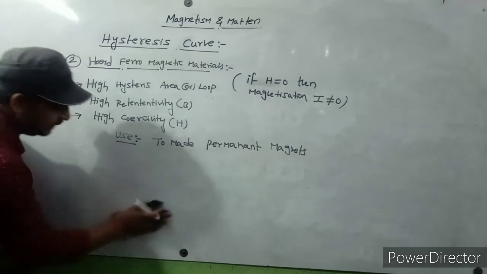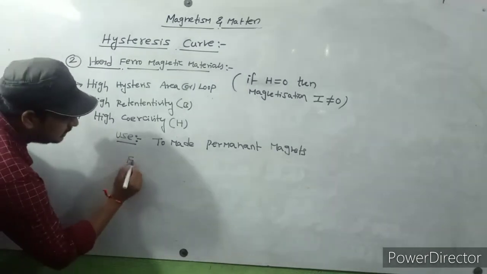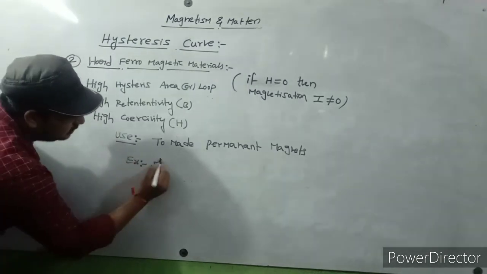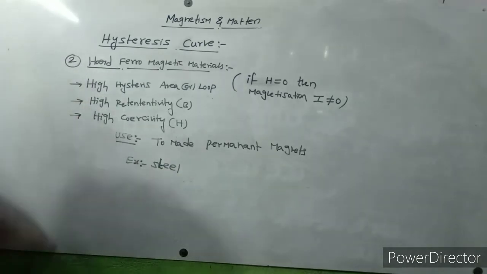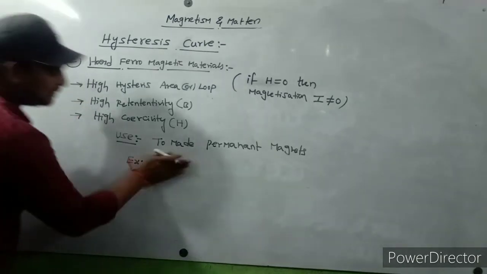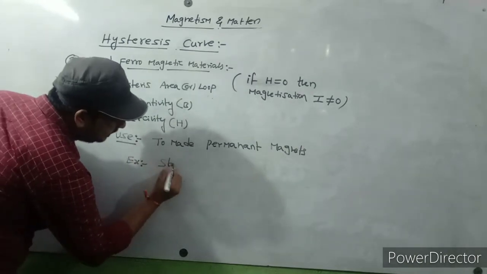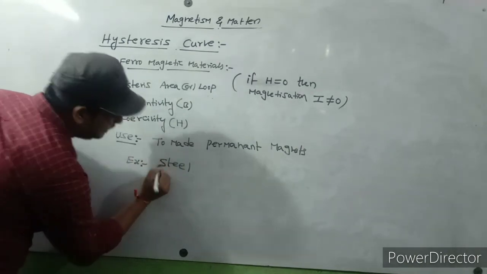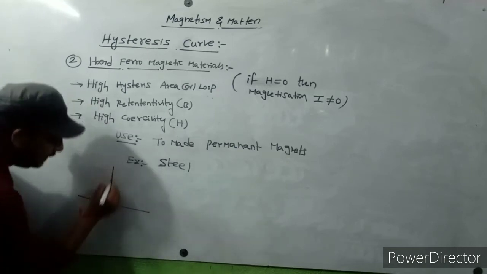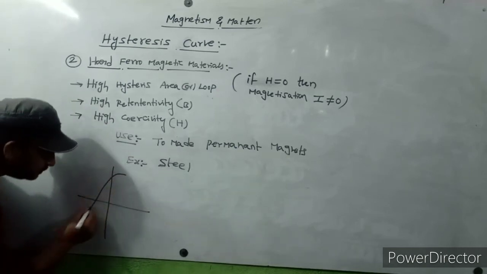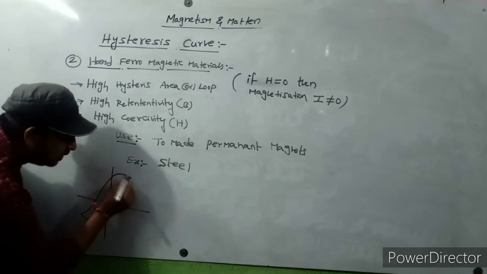Examples: steel. Steel is the best example for hard ferromagnetic material. In the diagram, it contains more area, a larger hysteresis curve.